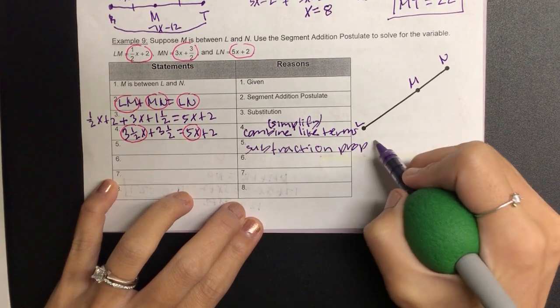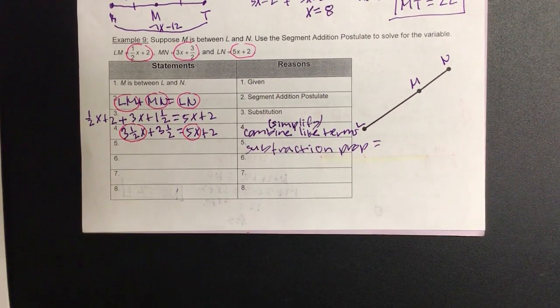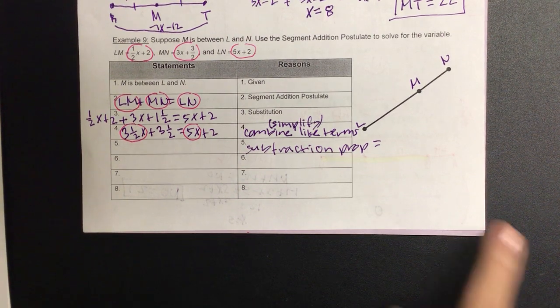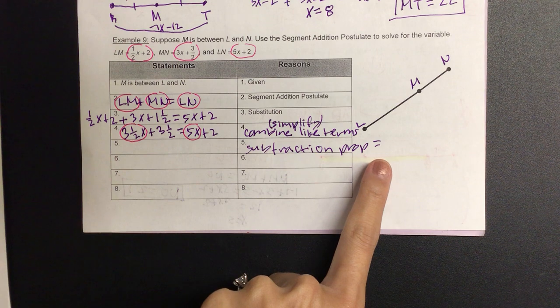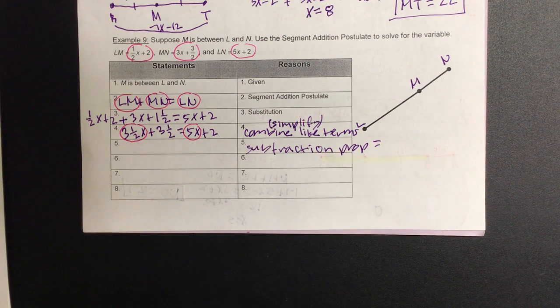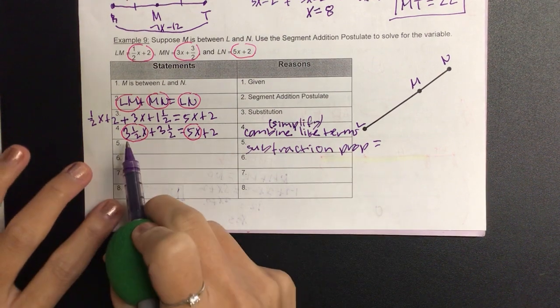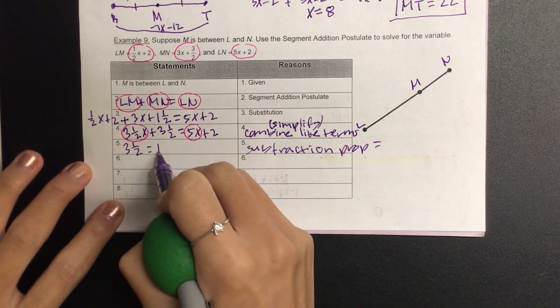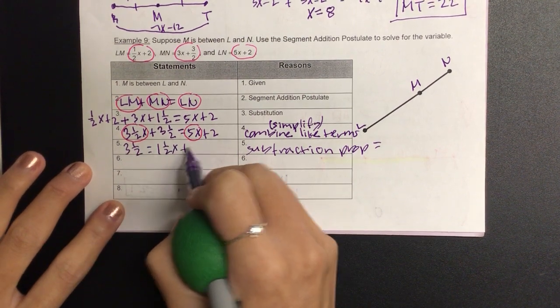Property of equality. When you are doing the operation on both sides of the equation, you have to have property of equality. Otherwise, you're telling me it's happening on one side, okay? So property of equality means it's happening on both sides. So if I move that over, I'm going to get 3.5 is equal to 1 1/2 x plus 2.